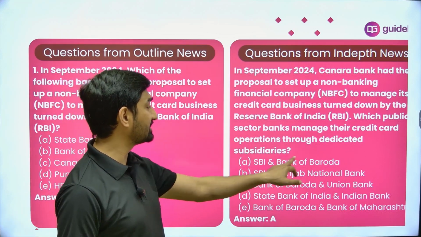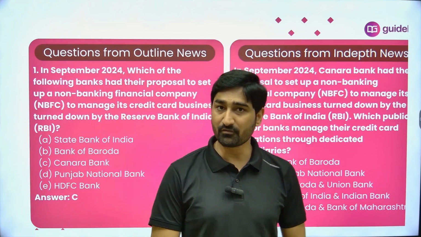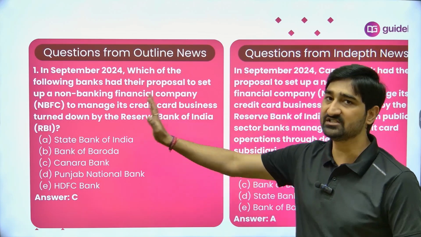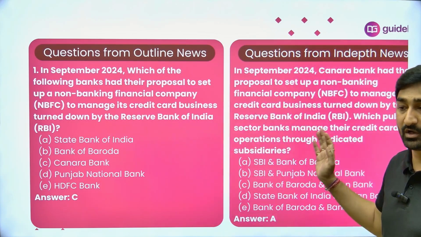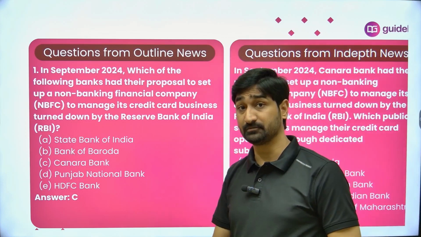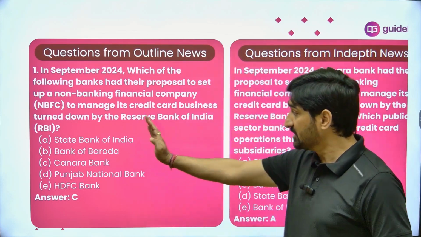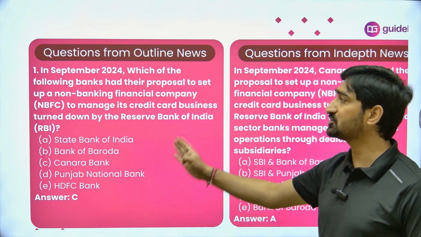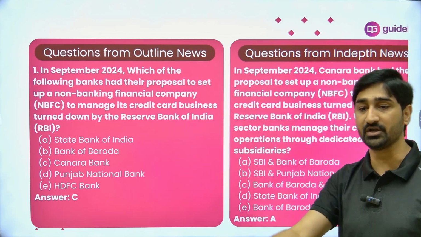Now your answer will be SBI and Bank of Baroda. So if you are aware of this much in depth, then only you will be able to answer. Otherwise you will answer the easy question and not the difficult one. So on every news, you will be able to see two questions based on that news, one direct and another in-depth or indirect question.